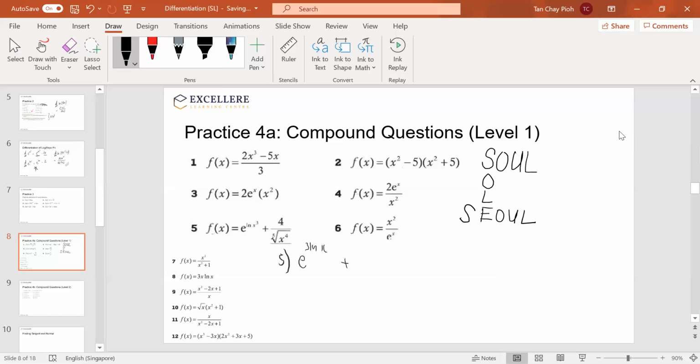Remember just now what did I say? e^(ln that thing) equals that thing. e^(ln smiley face) is smiley face.